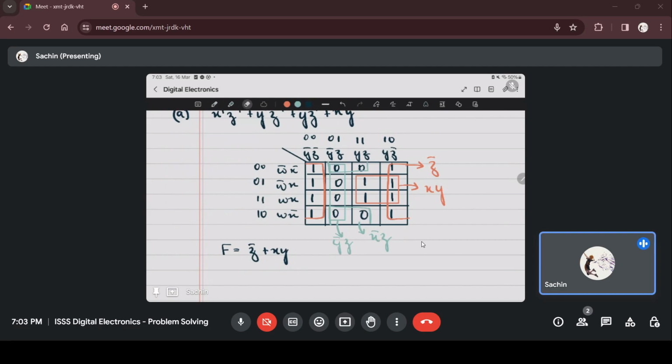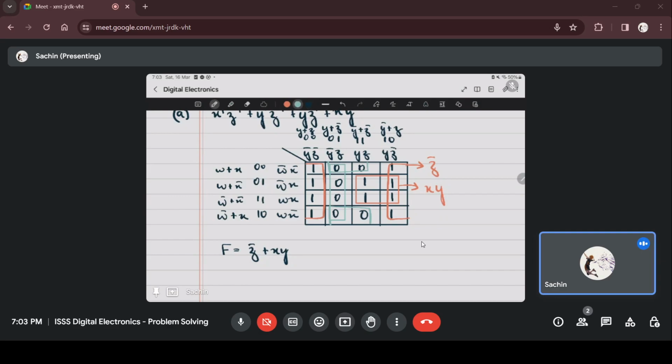And this quad is x prime z, this quad is y prime z. Well, these are in product of sums form, so in product of sums this will be y plus z, y plus z bar, y bar plus z bar, and y bar plus z. This will be w plus x, w plus x bar, w bar plus x bar, and w bar plus x.